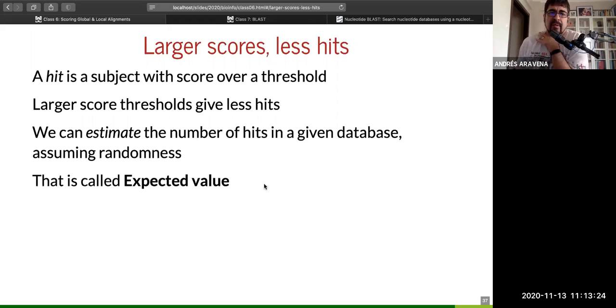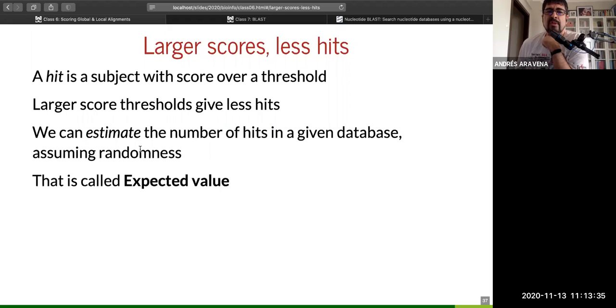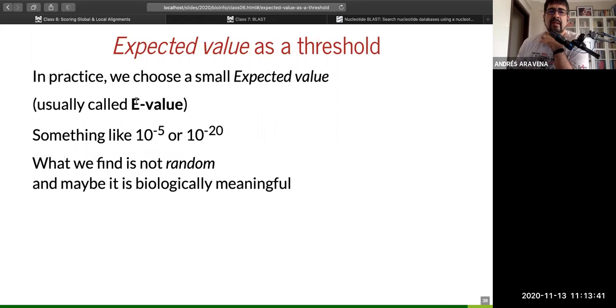So the word then is expected value. The expected value is the estimation of the number of results that you get in a database, assuming that the database was just random letters. The other word that you will find for this is e-value. So instead of looking for a score, in fact, tools like BLAST don't let you choose the score, which is bad from my point of view.